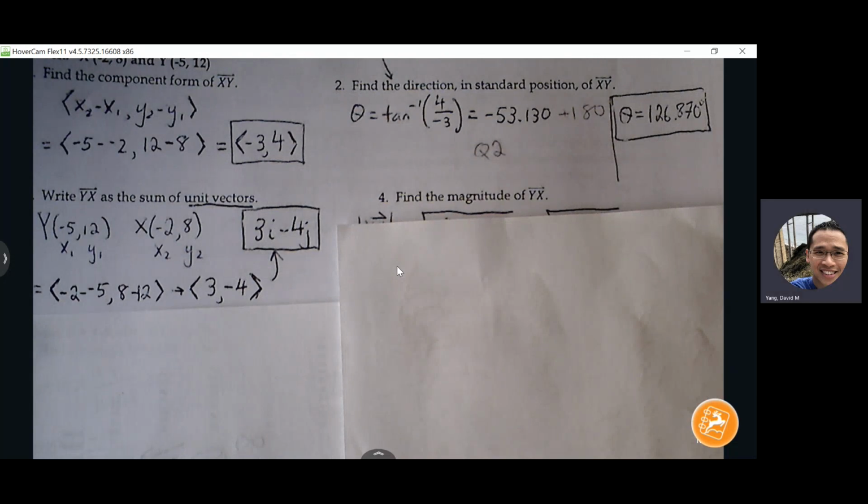I always imagine where that vector is pointing. And if I know which quadrant it's in, I'm always going to make a decision based off of which quadrant it's going to be in, and then make sure that my degree is landing in that correct quadrant.